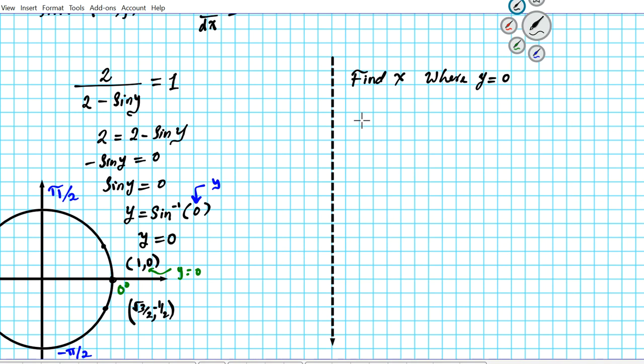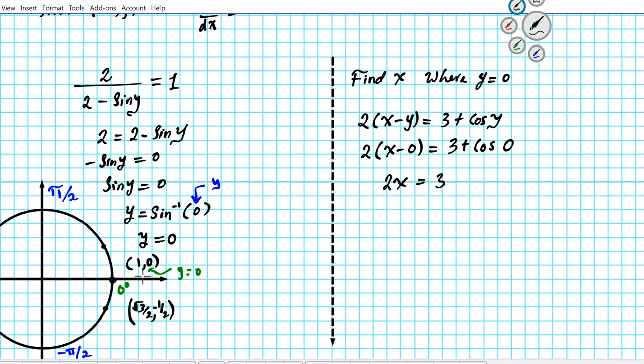The original equation that was given to us was 2 times the quantity x minus y is equal to 3 plus cosine y. So we just plug in y here, which is 0. So we have 2 times x minus 0 is equal to 3 plus cosine 0. And then we have 2x is equal to 3.